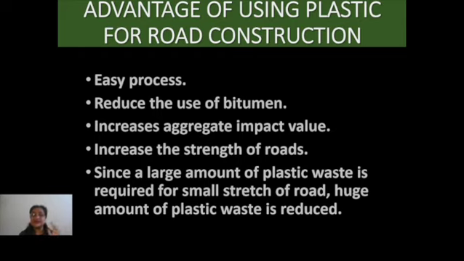Number three, it increases the aggregate impact value. Then it increases the strength of the roads. Roads are compact. They remain there for many years without any breaking down of rocks. They remain as they were built for many years. So using plastic for the construction of roads increases the strength of the road also.